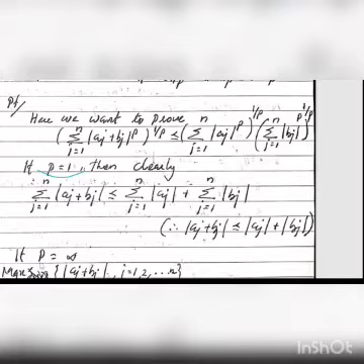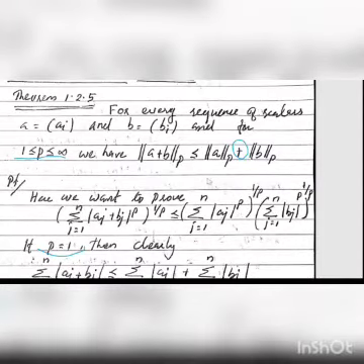Now take the case p equal to infinity. Now p equal to infinity means our norm definition changes: instead of taking this sum, we take the supremum. Since we have only a finite number of terms, we can take the maximum function.